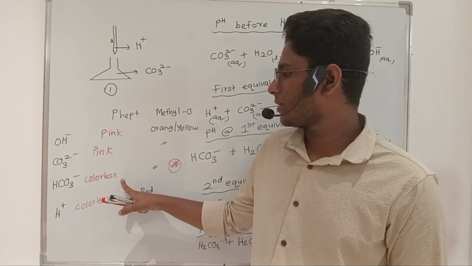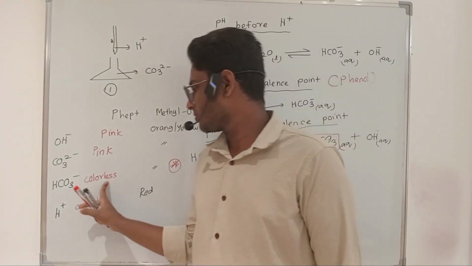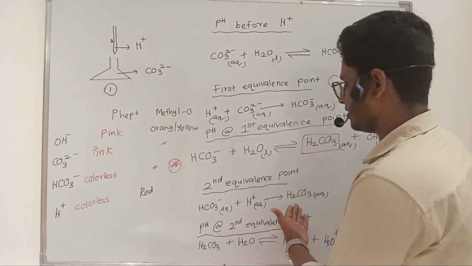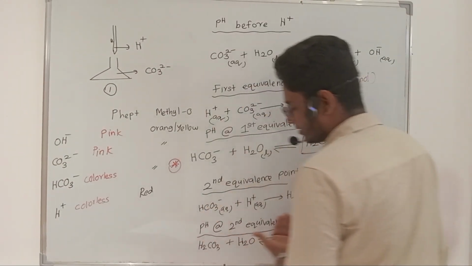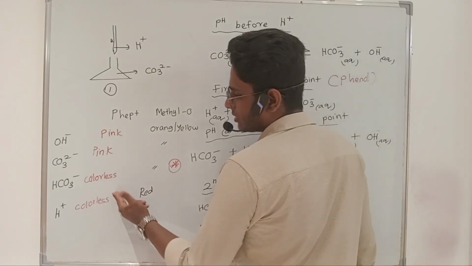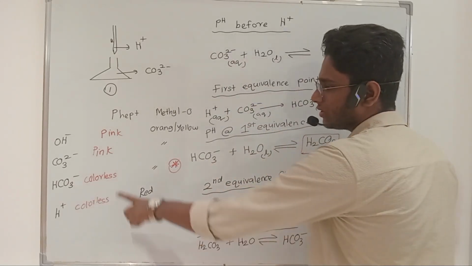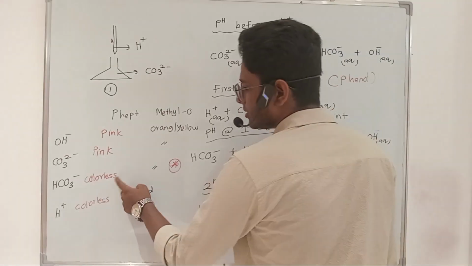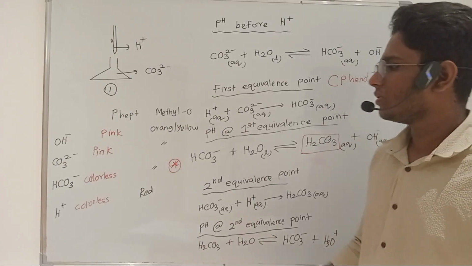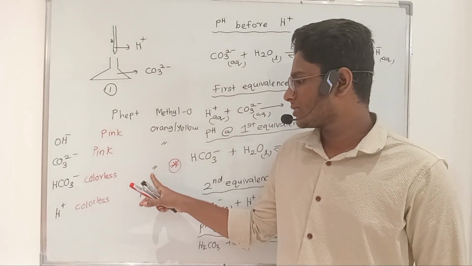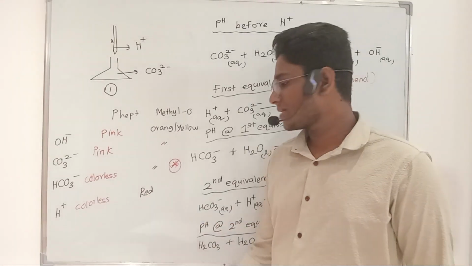When bicarbonate is present, it becomes colorless, and carbonic acid will be releasing H plus, so when H plus is formed, it also shows a colorless solution. So you cannot differentiate between the two solutions, because in both instances it's showing colorless. But when you look at methyl orange, you can see it shows orange color when bicarbonate is present, and it shows red color when an acid is present, right?